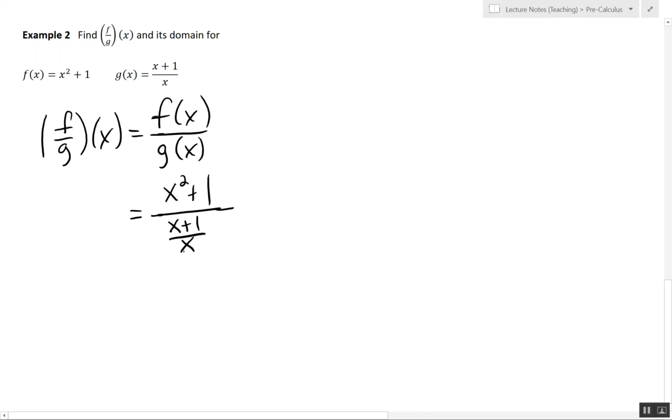But what we're going to have to do here is the normal flip and multiply technique. So we're going to have from the numerator x squared plus 1, and remember that if you don't have a fraction, you can always turn it into one by thinking of it over 1. Then we're going to take the denominator and flip it over, and we're going to have x over x plus 1.